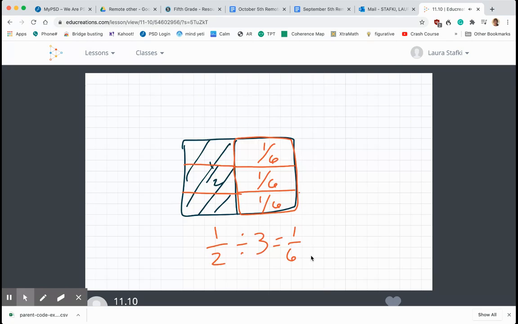Okay, I'm going to go back to this one. Let's see if we can do the trick on this one. We've got 1/2 divided by 3/1. And now we're going to keep it, switch it, flip it.